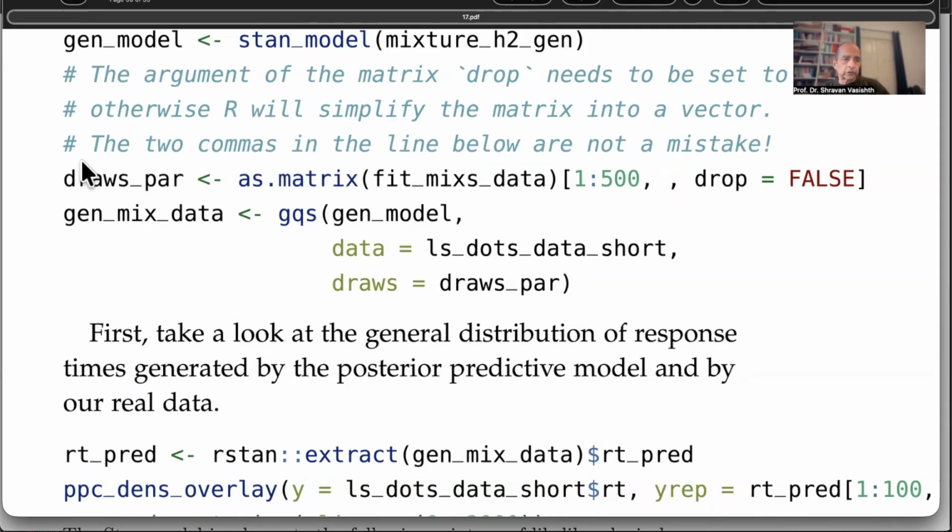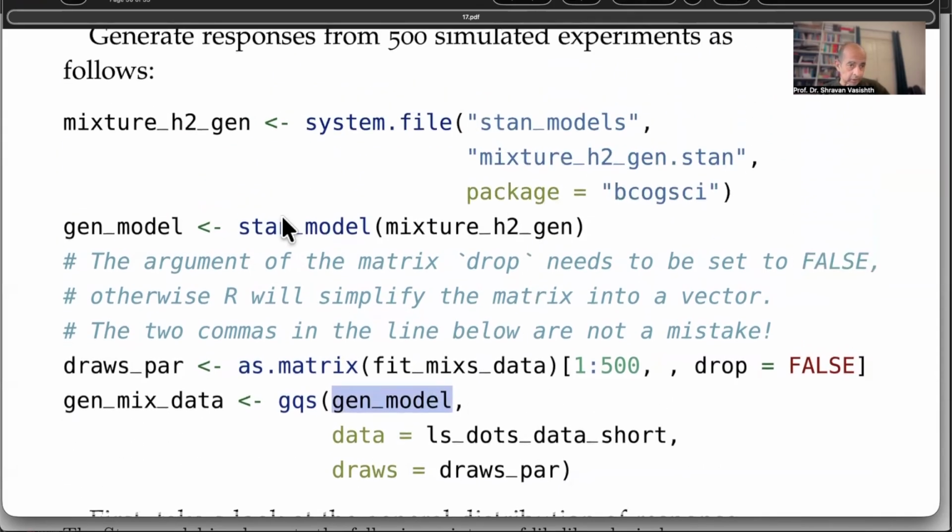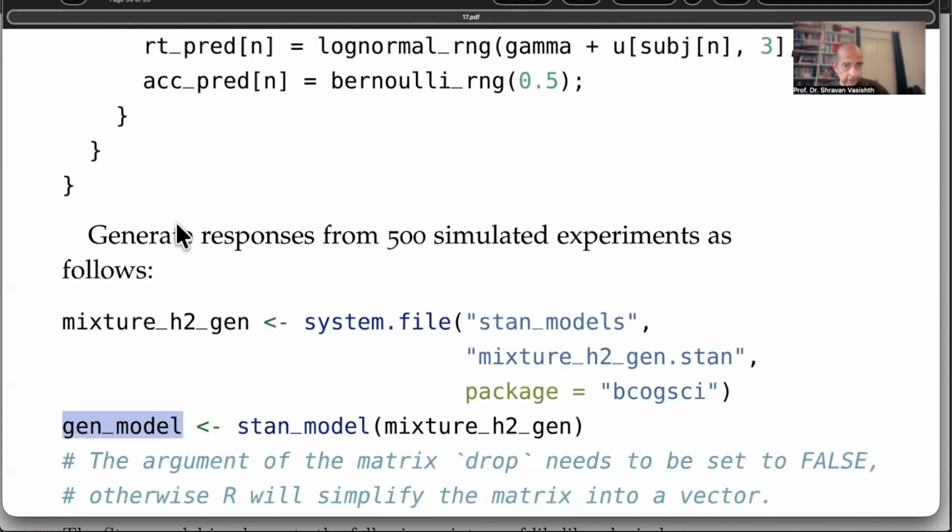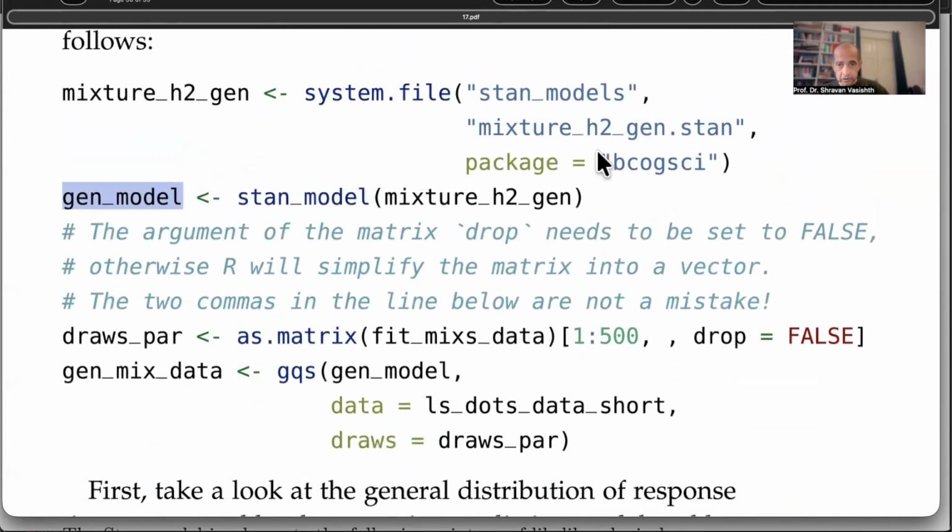Once I've got the parameters from the fitted model, I'm going to put them into the GQS function under draws. The data has to be provided, right? And then this gen model is the model which I just showed you here, being taken out from the bcog package, right?